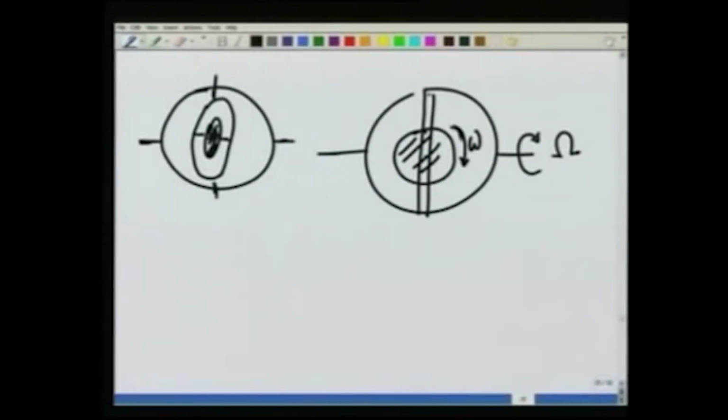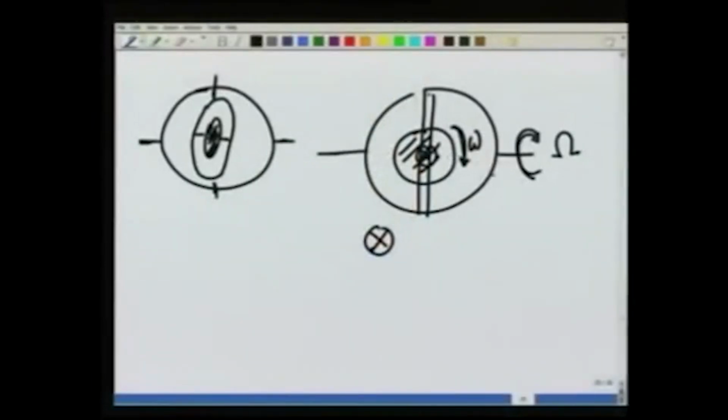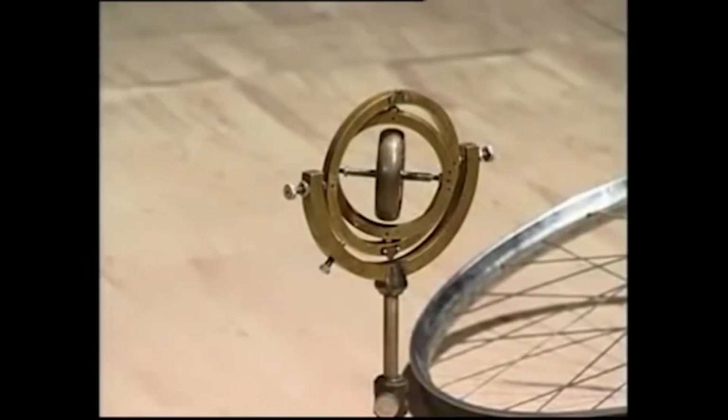When it is rotating like this, you will see that this has an angular momentum going into the plane. As soon as I give the outer frame a rotation, this angular momentum would tend to go down. So as soon as I rotate it like this, the angular momentum develops a delta L going down. However, assuming everything is frictionless, there is no torque on the system which can change angular momentum going down.